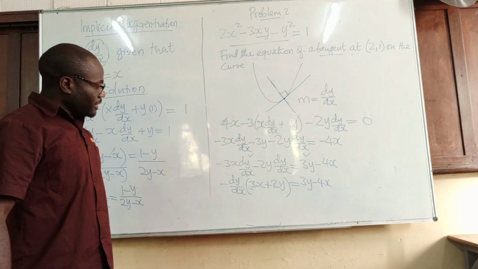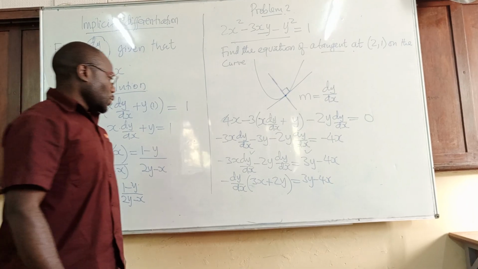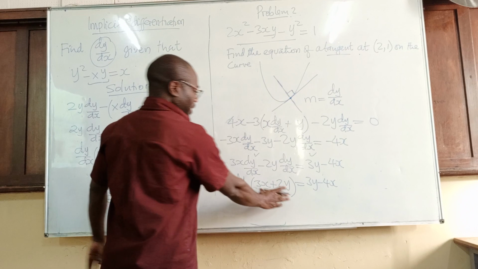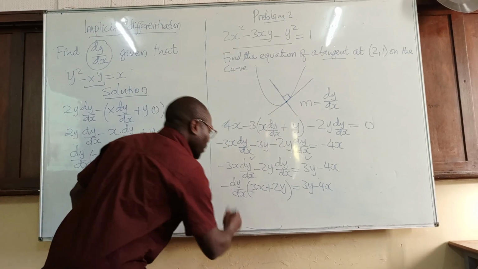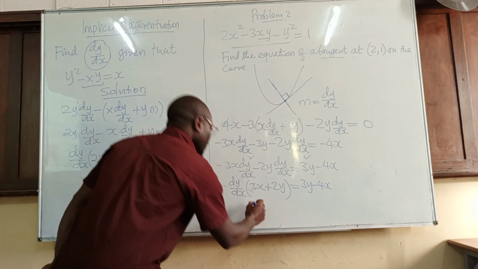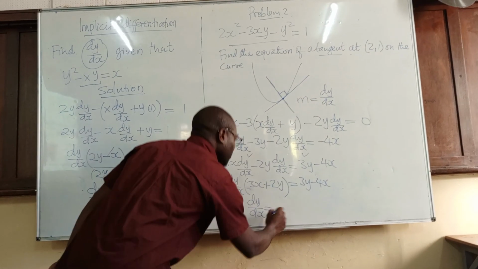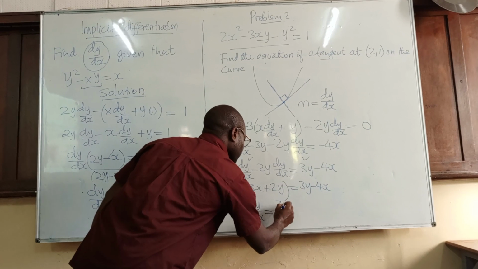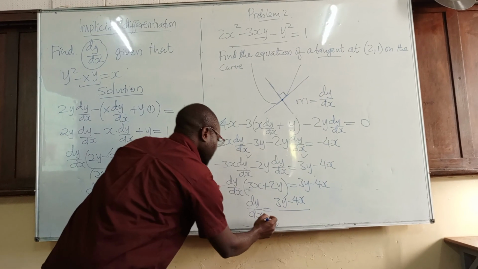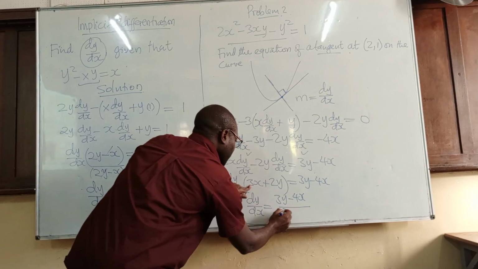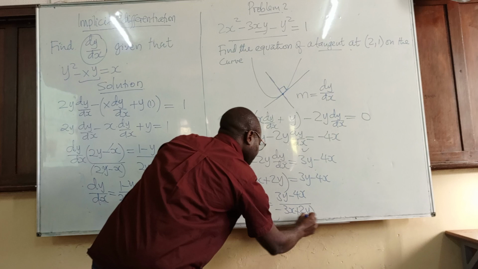Then our focus is to find dy over dx. So we are going to divide throughout by this, both sides. If we do that, we write dy over dx is equal to this quantity, 3y minus 4x, all divided by negative, in this 3x plus 2y.